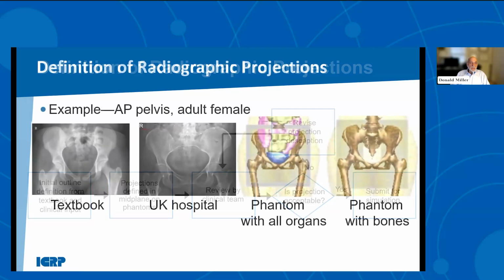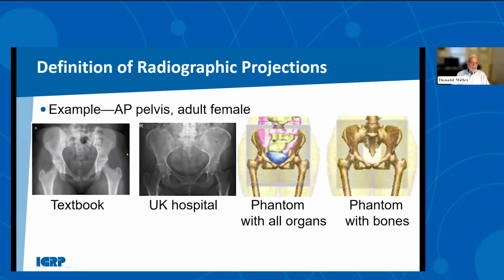And I can show you 2 examples. This is an antero-posterior view of the pelvis in an adult female. This is the illustration from the textbook. This is a radiograph from the UK hospital. This is an illustration of the phantom with a bounding box for the irradiated field. This one shows internal organs, and this one shows just bones.